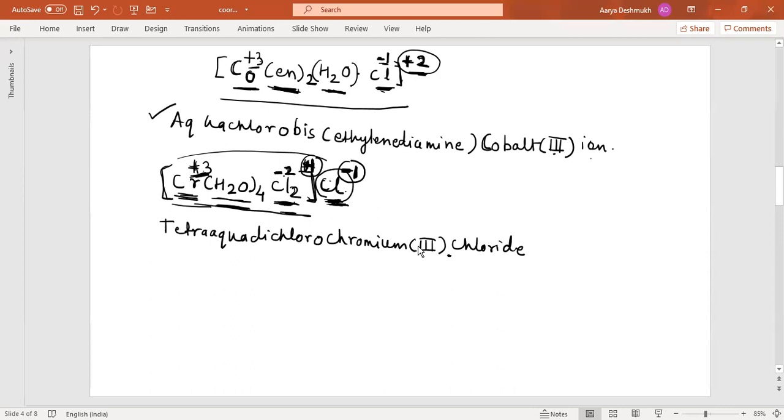Now I'll give you the name of a complex like this: dichlorido bis(ethylenediamine)cobalt(III).